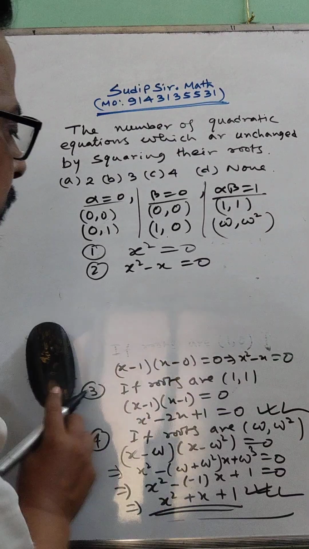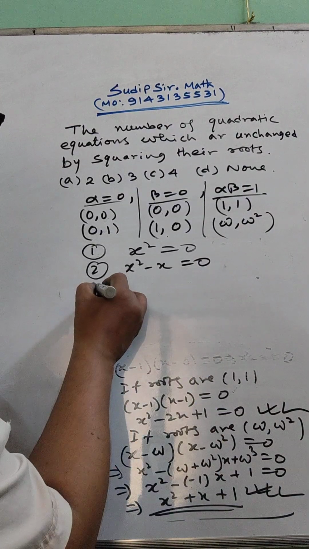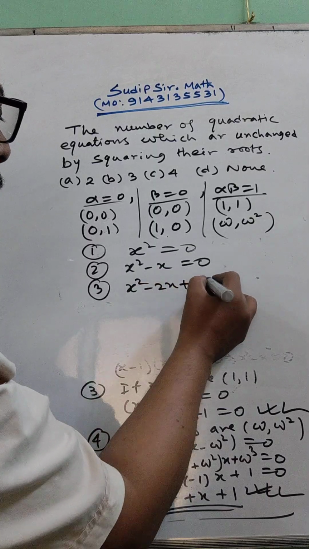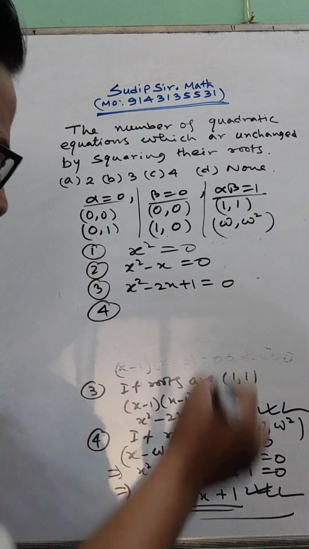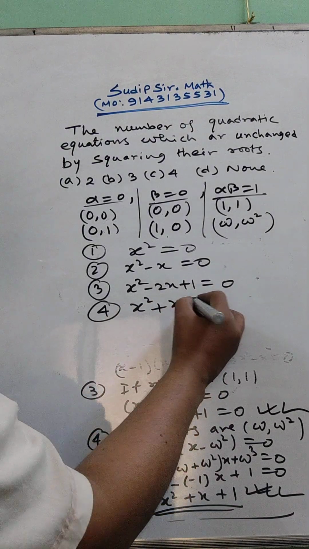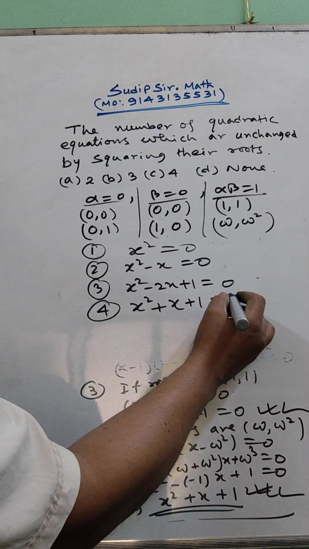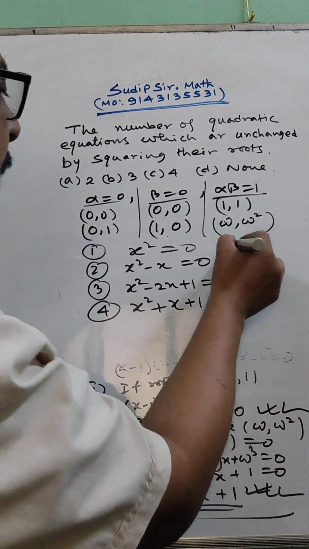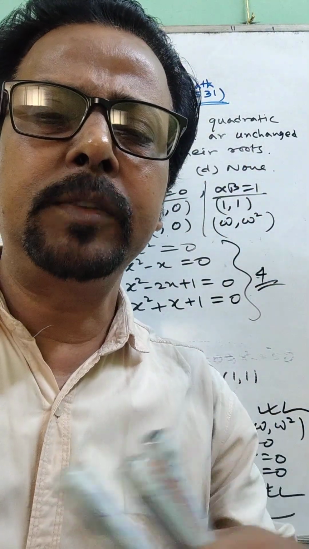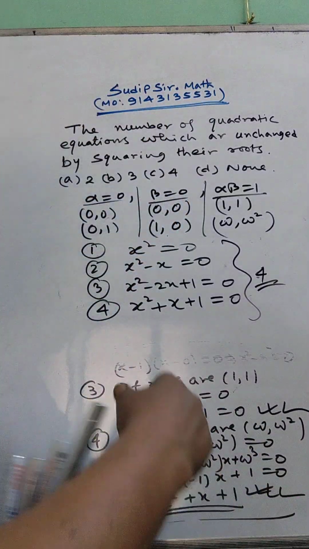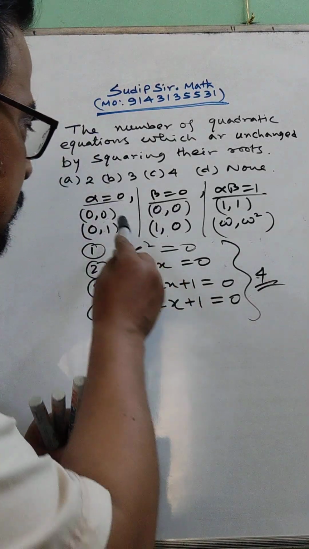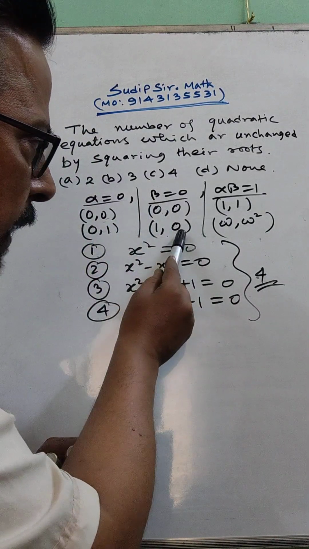Number 3 is x square minus 2x plus 1 equal to 0, and number 4, that is x square plus x plus 1 equal to 0. So we can get these four equations which will satisfy, as after squaring the roots the equation remains unchanged.